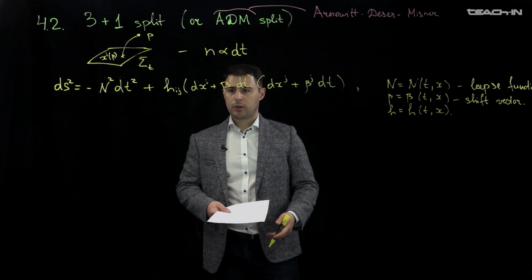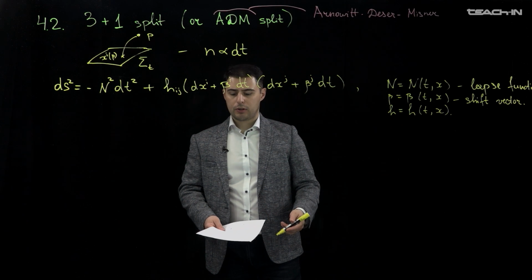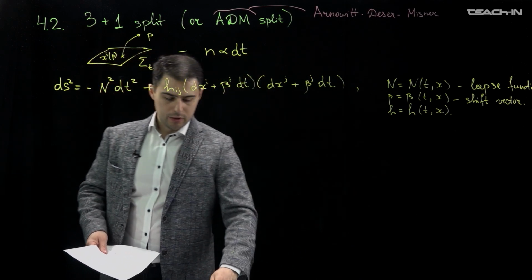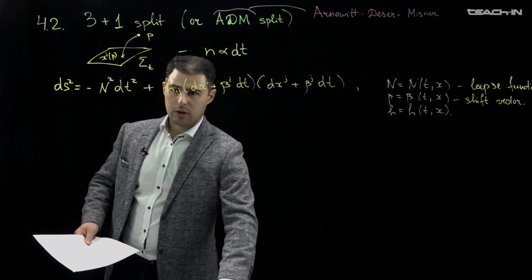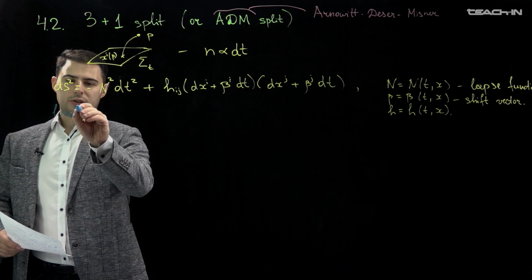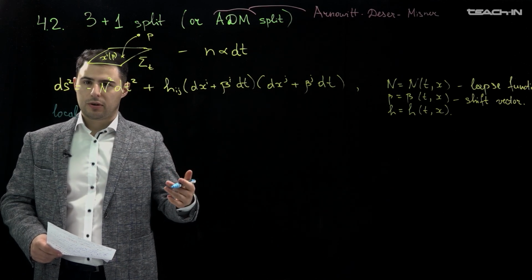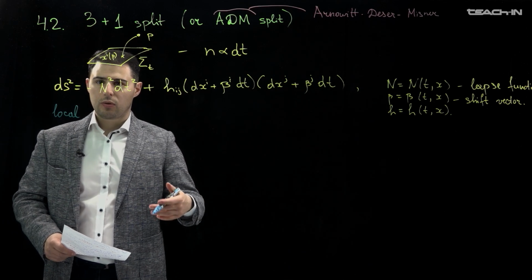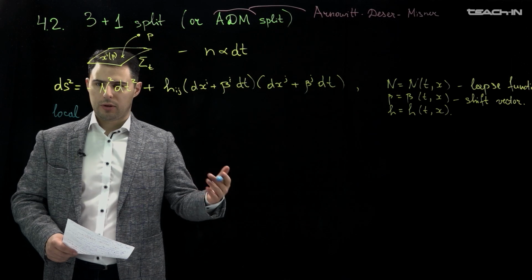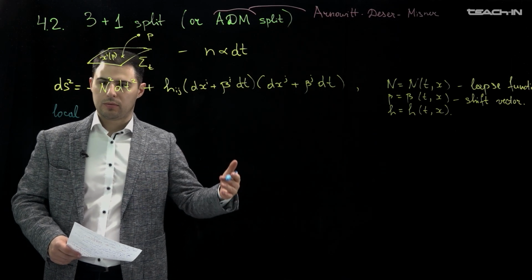And this freedom can in fact be used to simplify the form of the metric. So, for example, one can locally rearrange the coordinates such that the shift vector vanishes and the lapse equals 1. We are not going to use this freedom immediately.